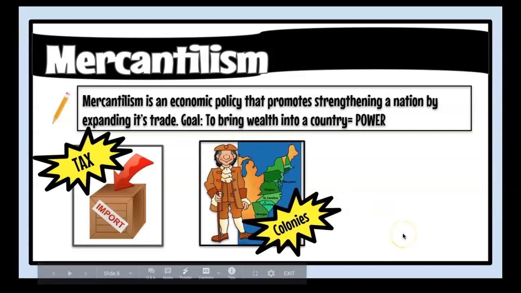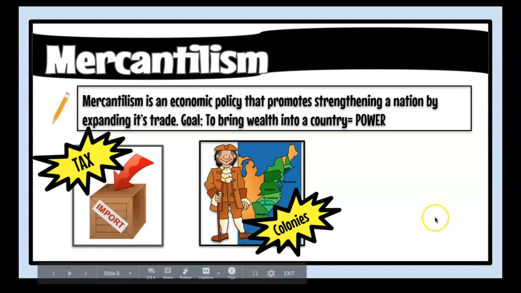They also created colonies. Okay, so think of the 13 colonies. Any of the goods that they sold within the colonies, some of that money would go to the mother country. The mother country is in charge of all the colonies. Let's say a colony had a lot of trees, so that equals a lot of lumber, which equals a lot of sales in lumber, and the mother country would get a lot of that money.